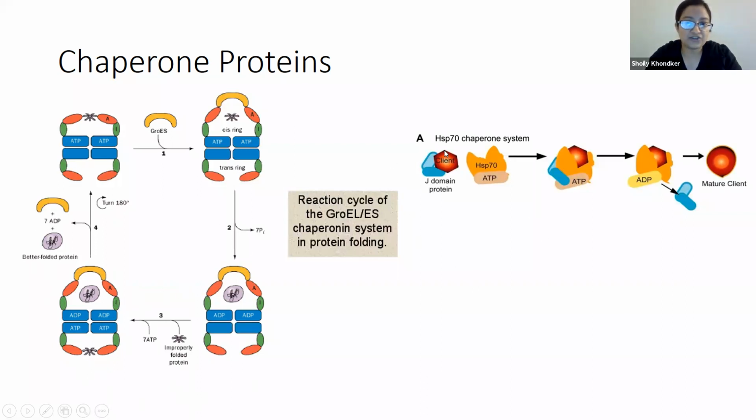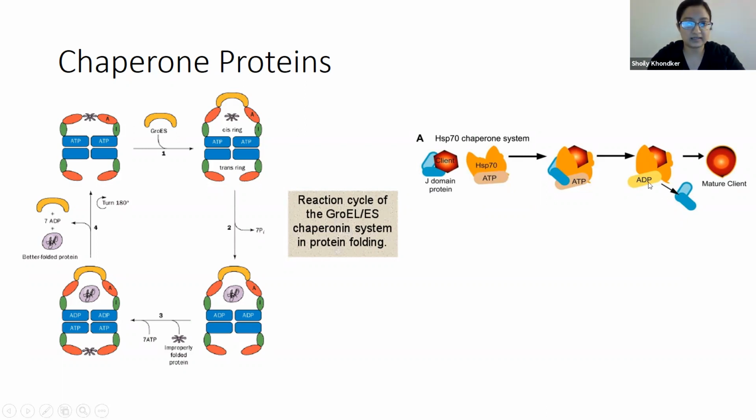In contrast, the HSP70 chaperone system starts acting as translation is occurring. After about 7 hydrophobic amino acids are produced during the translation process, the HSP70 complex binds to the growing polypeptide, and this occurs as the polypeptide chain is leaving the ribosome.